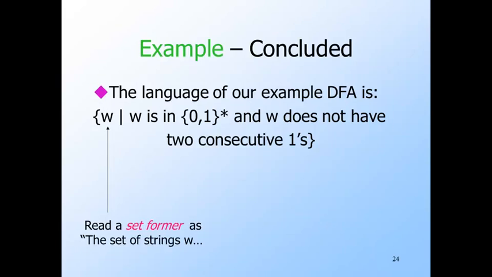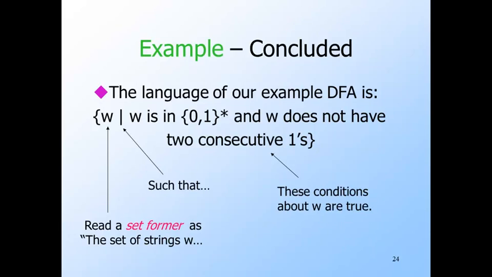In this case, the expression simply says that the set consists of some strings W. We know they're strings because of our convention. The vertical bar can be read such that, and then there follows a description of what must be true for something to be a member of the set. In our example, we say that the string consists of zeros and ones and does not have two consecutive ones.